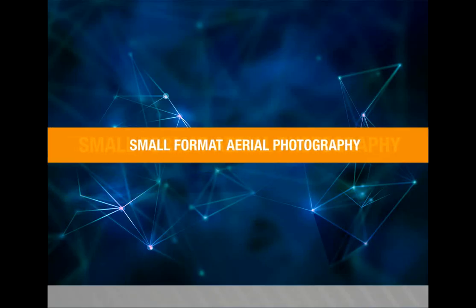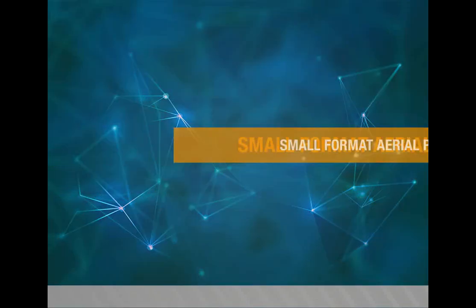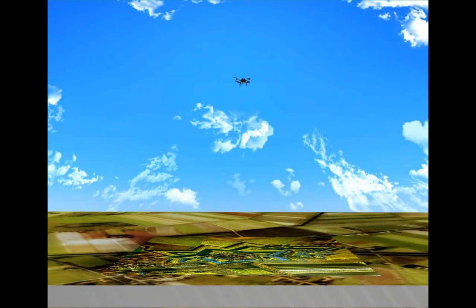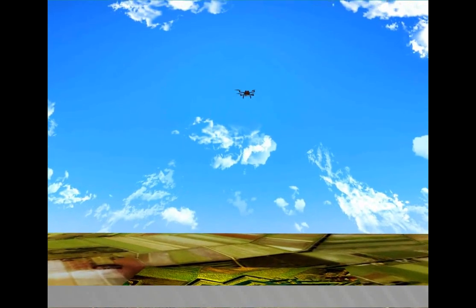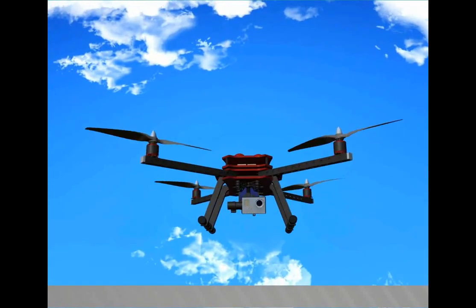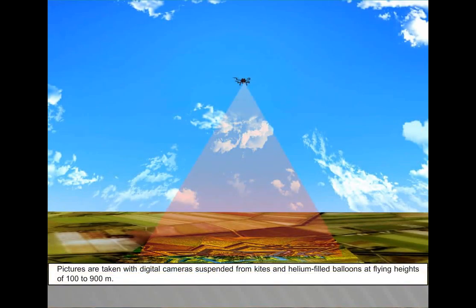Small format aerial photography. In this video, we are going to see about small format aerial photography. Small format aerial photography allows us to obtain large-scale and high-resolution images of the study areas. Pictures are taken with digital cameras suspended from kites and helium-filled balloons at flying heights of 100 to 900 meters.